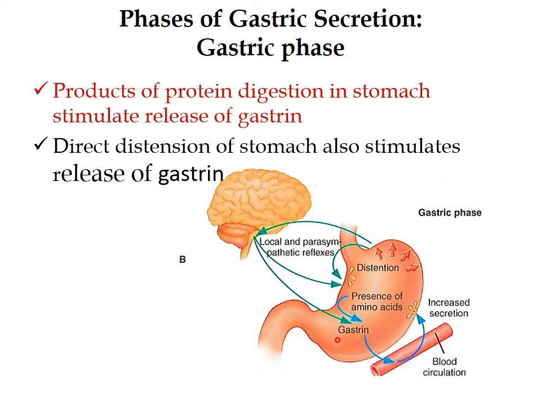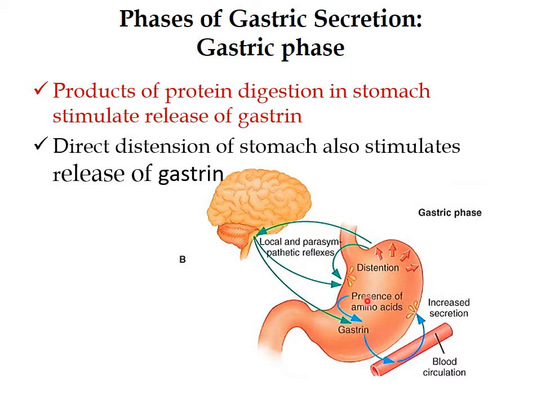At the same time, gastrin is also released as a result of food present inside the stomach. The protein digestion stimulates the release of gastrin. This is a hormone. So in this phase, it is partly hormonal and partly neural.